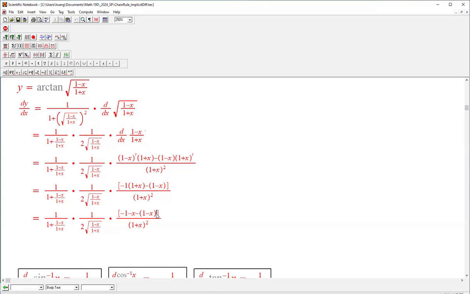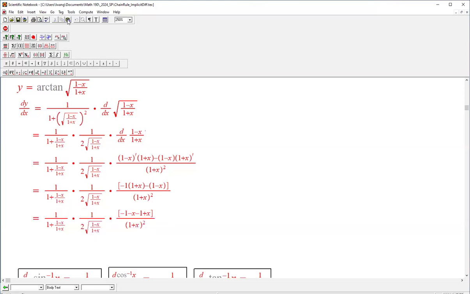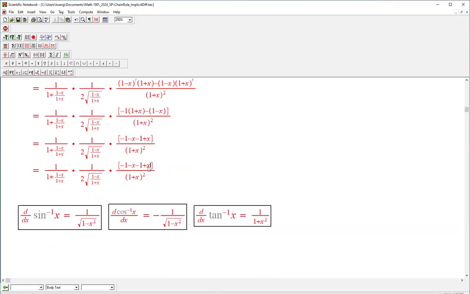Minus 1 plus x, minus 1 plus x. So the bracket will be left with minus 2. You can change it to parentheses, remove the bracket. And this minus 2 and plus 2, the 2 and 2 are reduced, right?